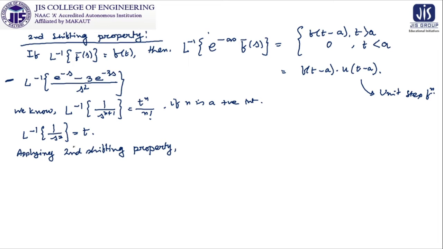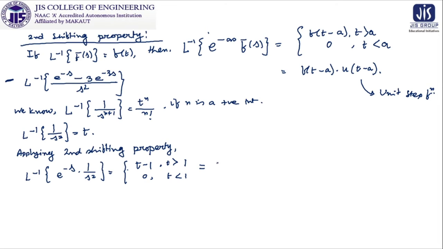Applying the second shifting property for the inverse Laplace transform, Laplace inversion of e to the power minus s into 1 by s square is equal to t minus 1, because f of t minus a, where f t is t, will be simply t minus 1 when t is greater than 1 and 0 when t is less than 1.